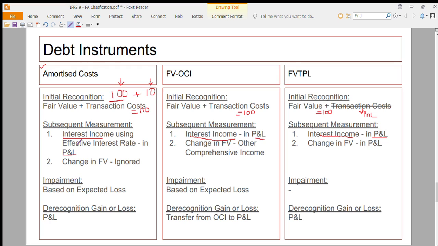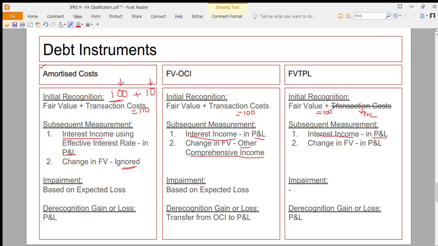Okay, if you classified an asset under amortized cost, then there will be no impact. You just ignore the change in fair value. If you classify the asset under fair value through other comprehensive income, then as the name says, you move the impact to other comprehensive income.